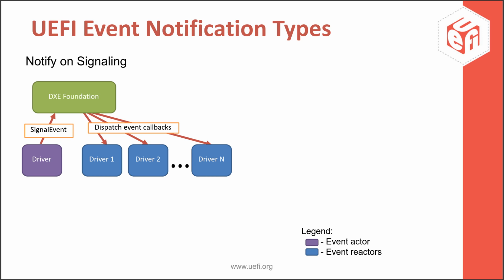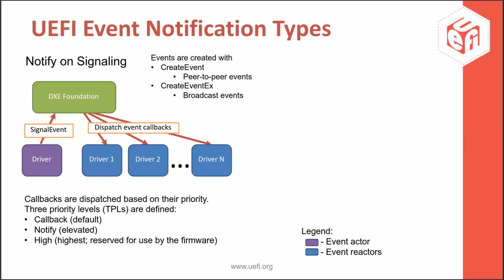That can be one or multiple reactors. So if you've seen on that animation, the callbacks were dispatched one by one. The UEFI specification defines priority levels for the callbacks. They're called task priority levels, or TPLs.